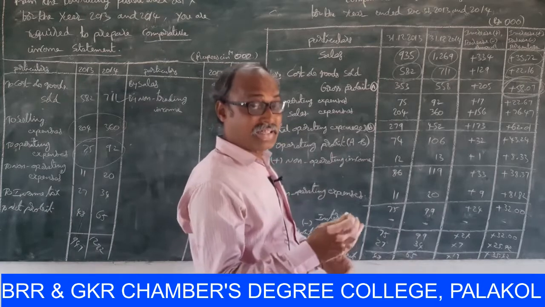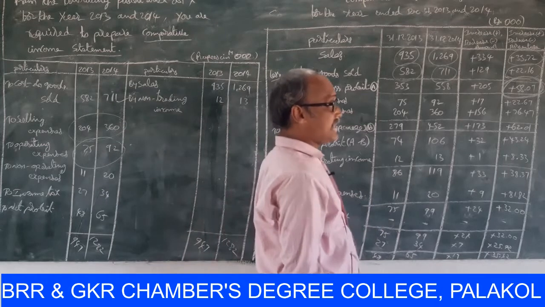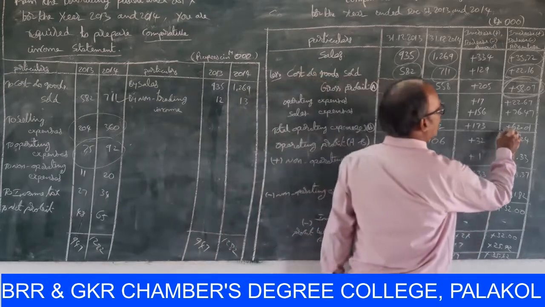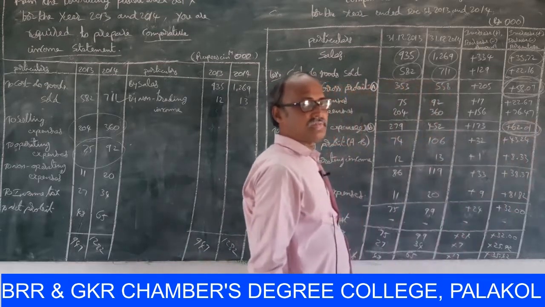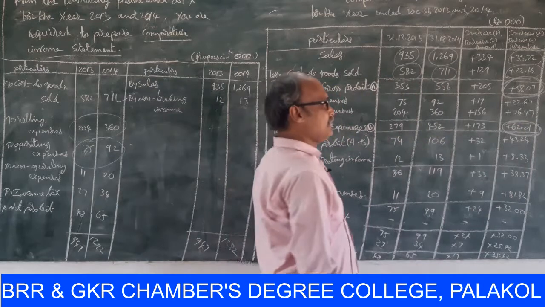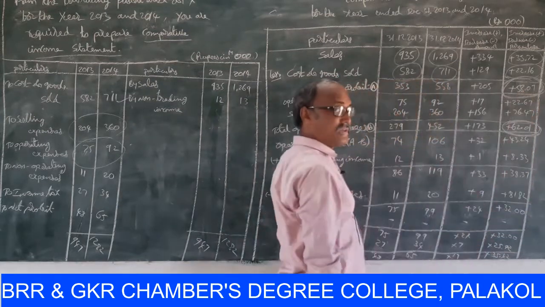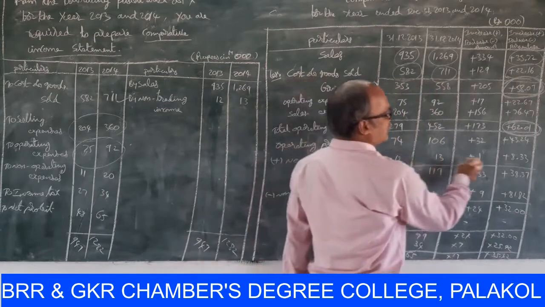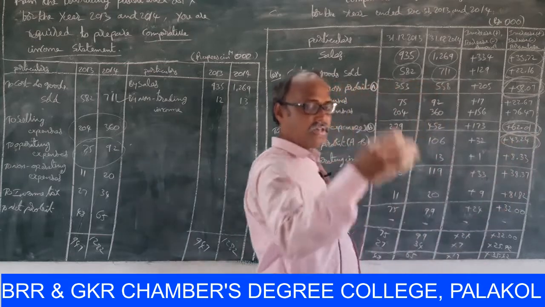The percentage of increase of operating expenses is plus 62.01%. But the gross profit is only 58.07%. That's why the operating profit is available 43.24%. It is gone down.